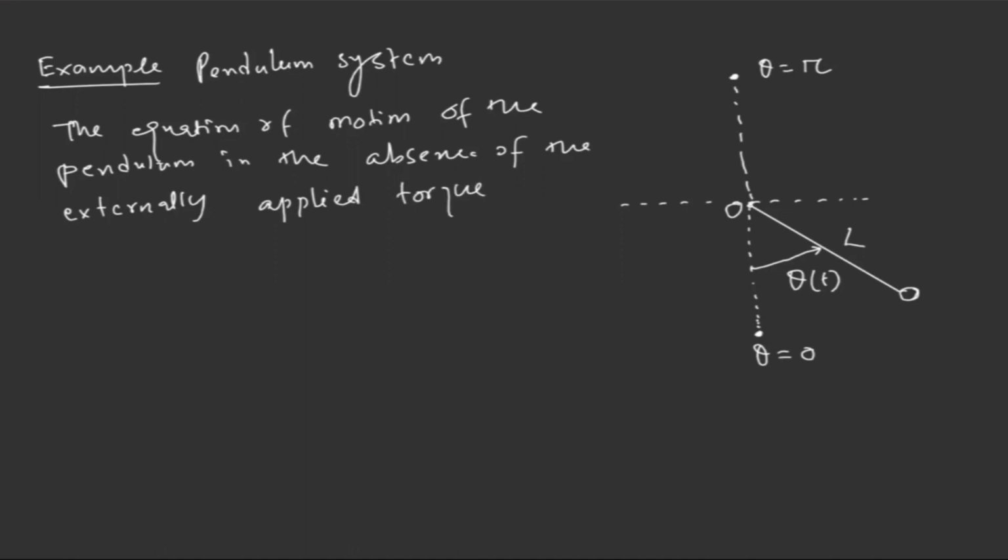Why externally applied torque? Because we can assume that the total torque being applied is 0. Let's assume it means there is no disturbance or control torque being applied to the system.